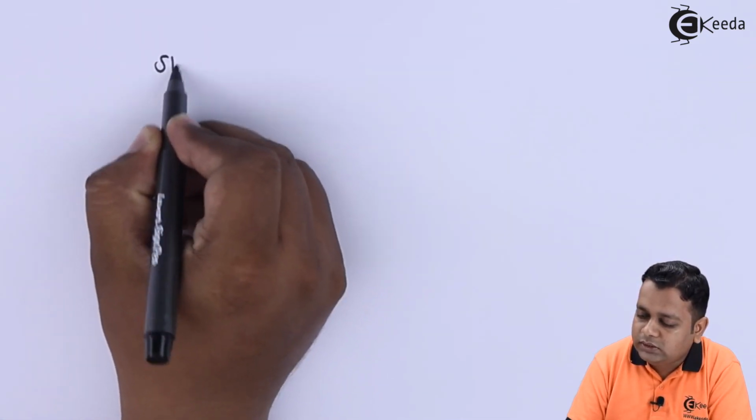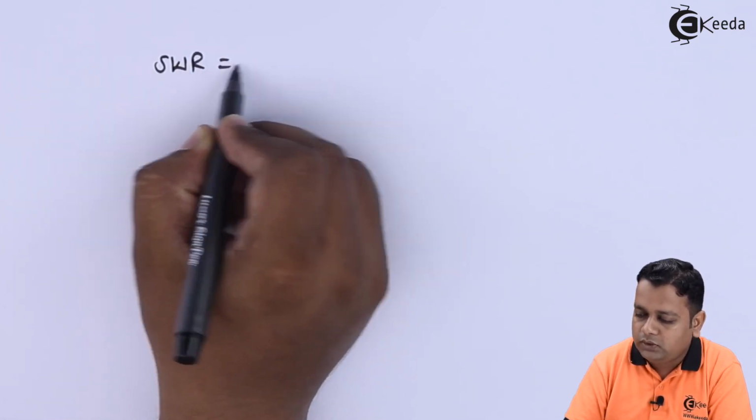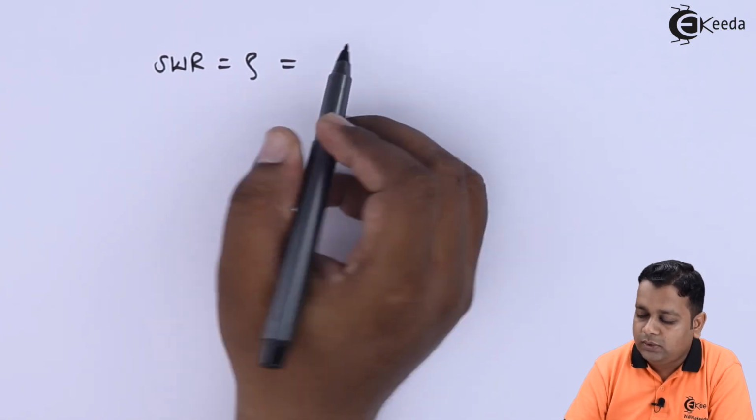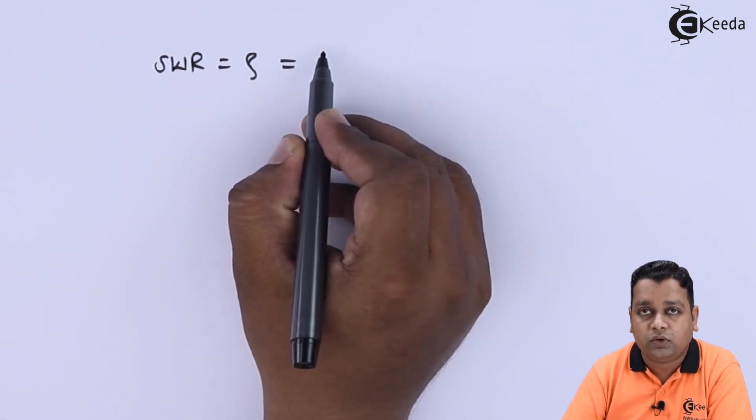Now if it is the case of reflection, the standing wave ratio is also acting there. Standing wave ratio we generally abbreviate as capital SWR. It is sometimes also denoted by rho, and it is given in terms of the reflection coefficient.